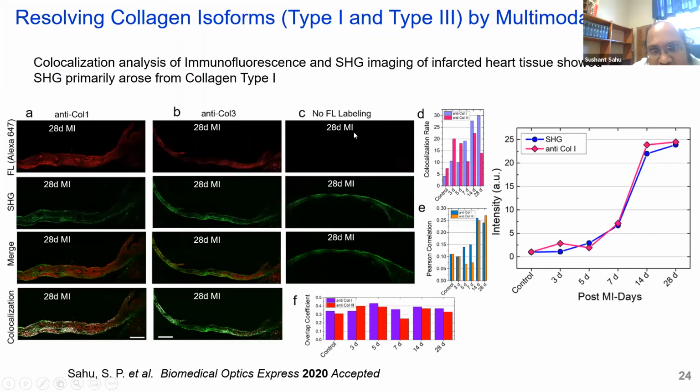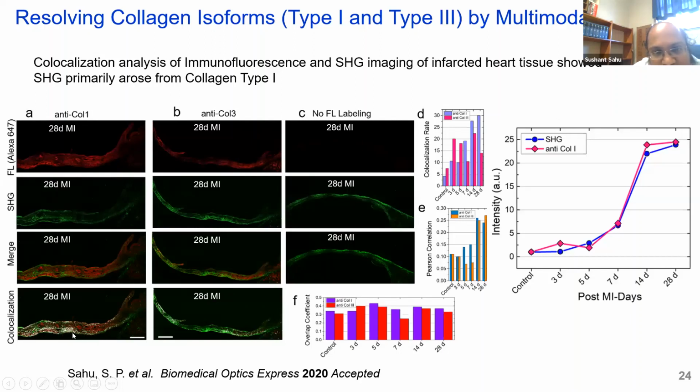As you can see, when you have no fluorescence labeling, you don't have a detectable fluorescence, but then we do this 28-day MI-induced sample, and this is a left ventricle region. You can see the SHG channel, the fluorescence channel, and you can merge them, and we do a co-localization analysis using imaging software from Leica.